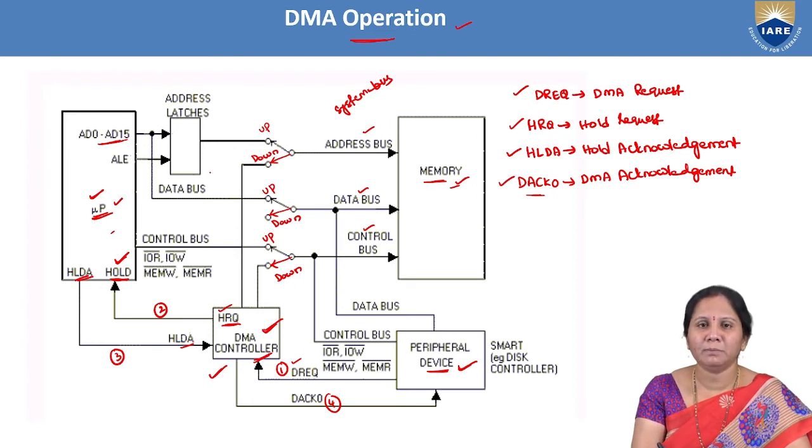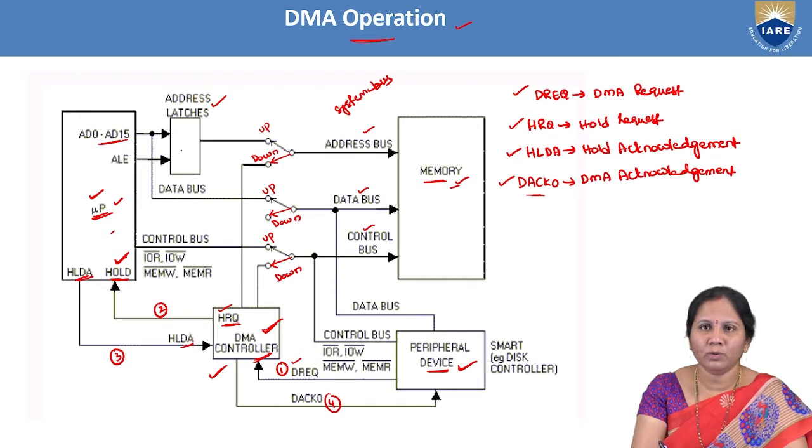These multiplexed address and data lines will be given to the address latches. We have already discussed the function of these address latches. These latches are used to separate the address and data from the address data multiplexed lines.